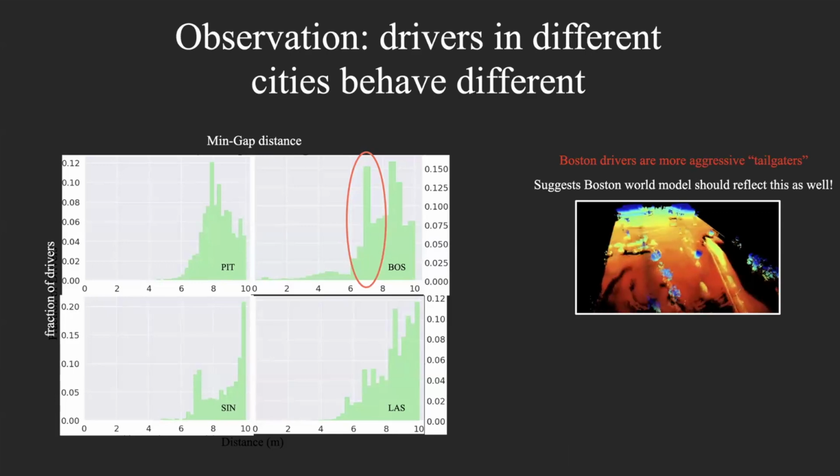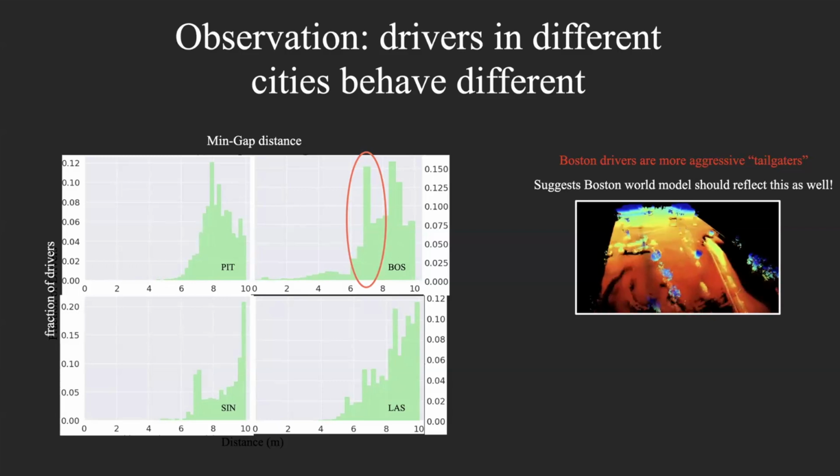And our starting observation was that if you look at these control parameters, actually, let me take a step back. You don't look at these control parameters. You look at the real data that was in these logs. And one of the interesting things about nuScenes is that it includes different cities. What you find is some of the statistics of how people drive seem to be different.